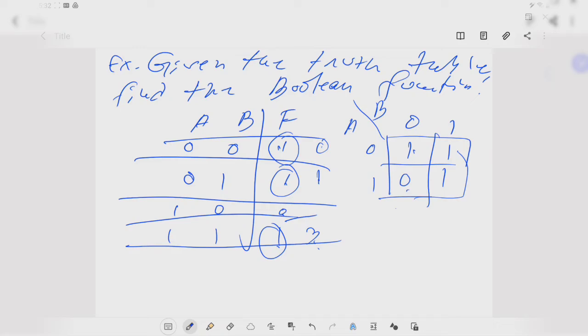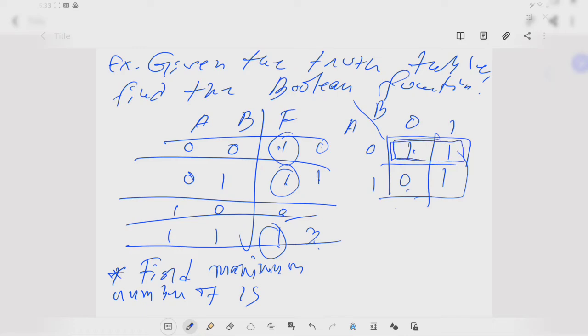Now we need to find the function. There is a principle to find the function: find the maximum number of ones in the K-map which are symmetric and consecutive. Consecutive means one after one.